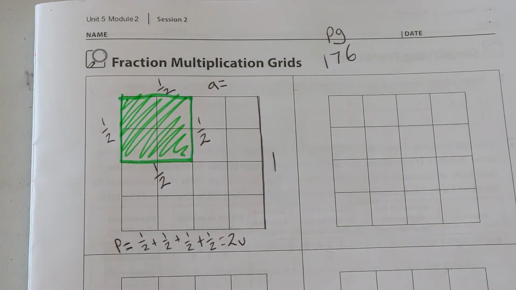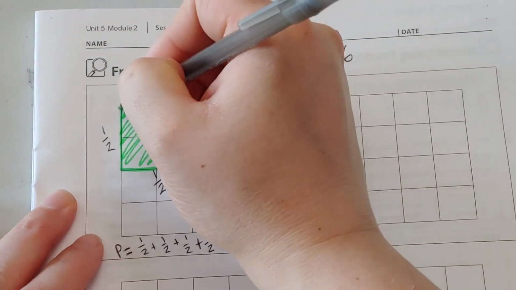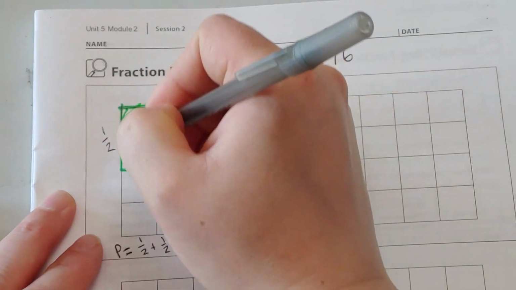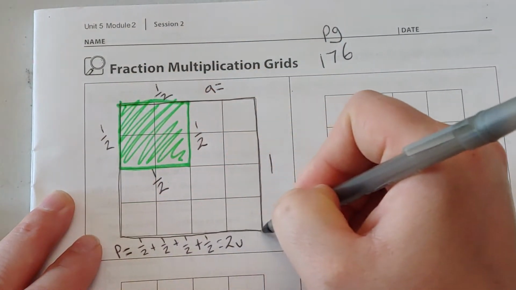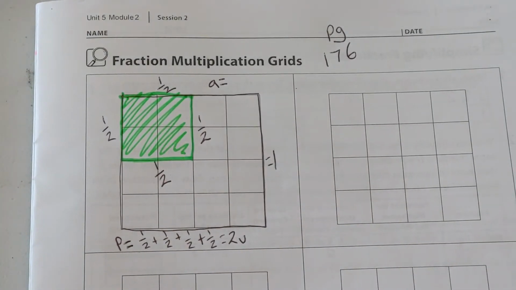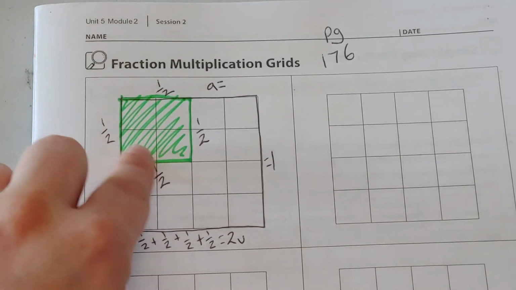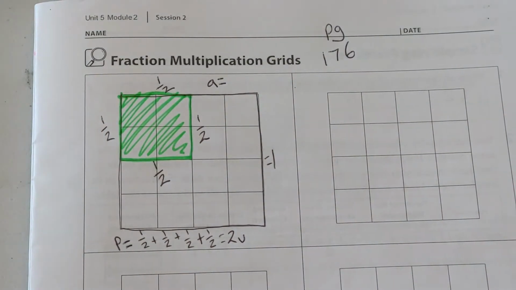Take a look at your entire board. Remember, this whole thing equals 1. So how can you use what you know and what you see to figure out the area of this green space? Pause here, do a little thinking, put your pencil on the paper and try some things.